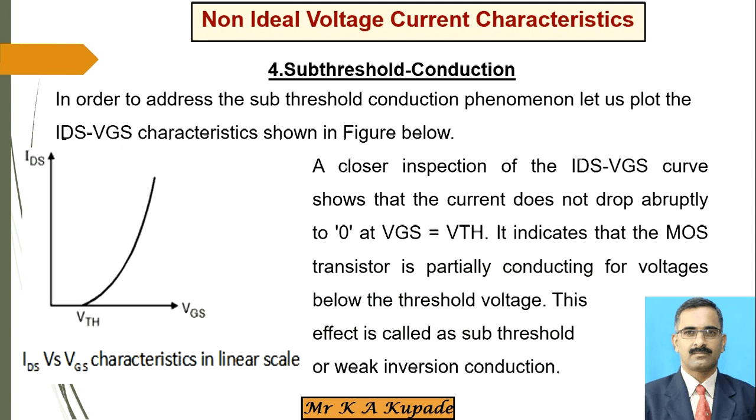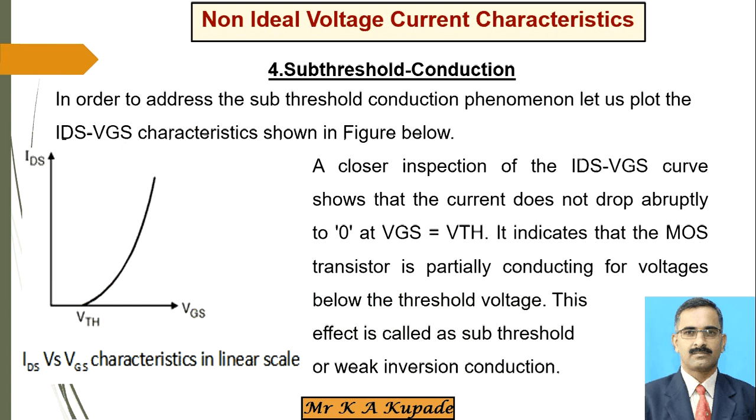Now next, considering what we discussed up to now in the slides, that is non-ideal current characteristics. We already discussed two effects as per the syllabus, finite output resistance and the body effect.